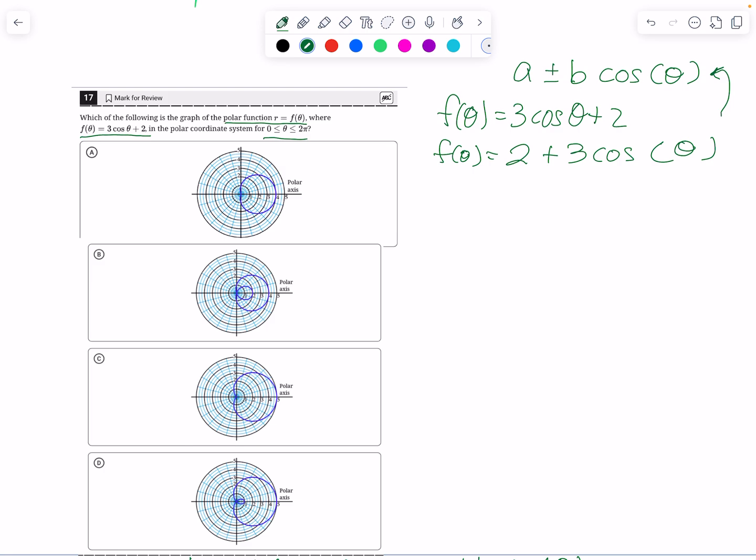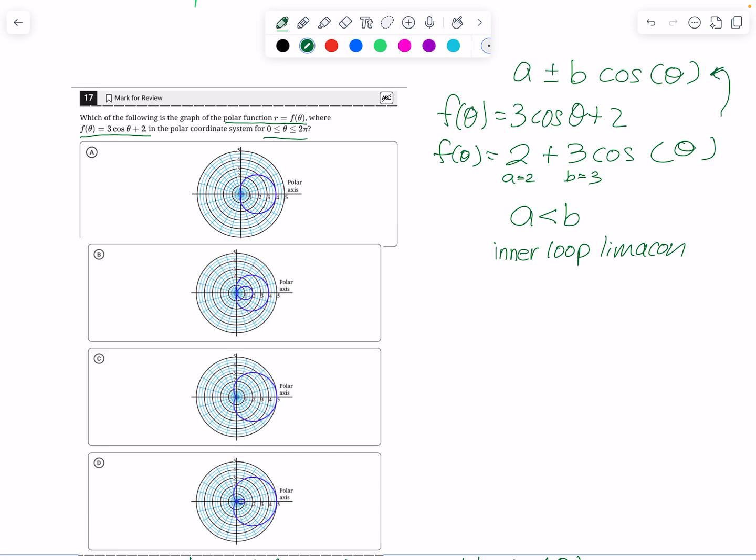So if you look over here, a is a 2, b is a 3. So in this case, a is less than b. If a is less than b, then we have an inner loop limaçon.